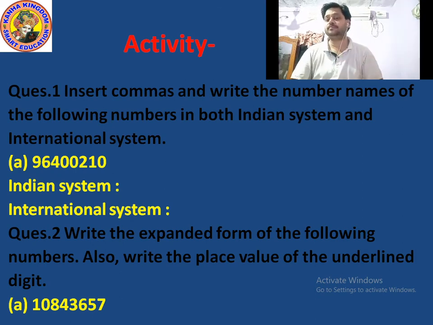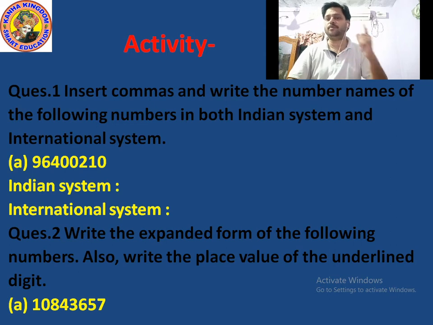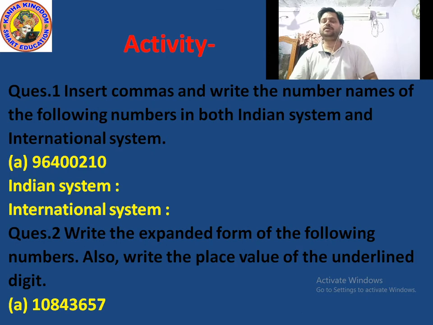Then comma. And which digit in the lakhs place? 8. Which digit in the 10 lakhs place? 0. Then again comma. And which digit in the crores place? 1. Means here are 3 commas. Just after the third comma 1. Just after the second comma 8. Just after the first comma 3.